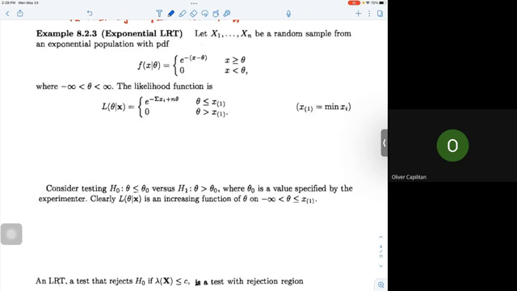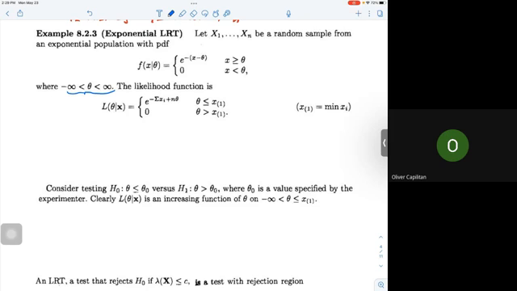In other words, yung ating entire parameter space here is the real line. Okay? The entire parameter space theta is the set of real numbers.